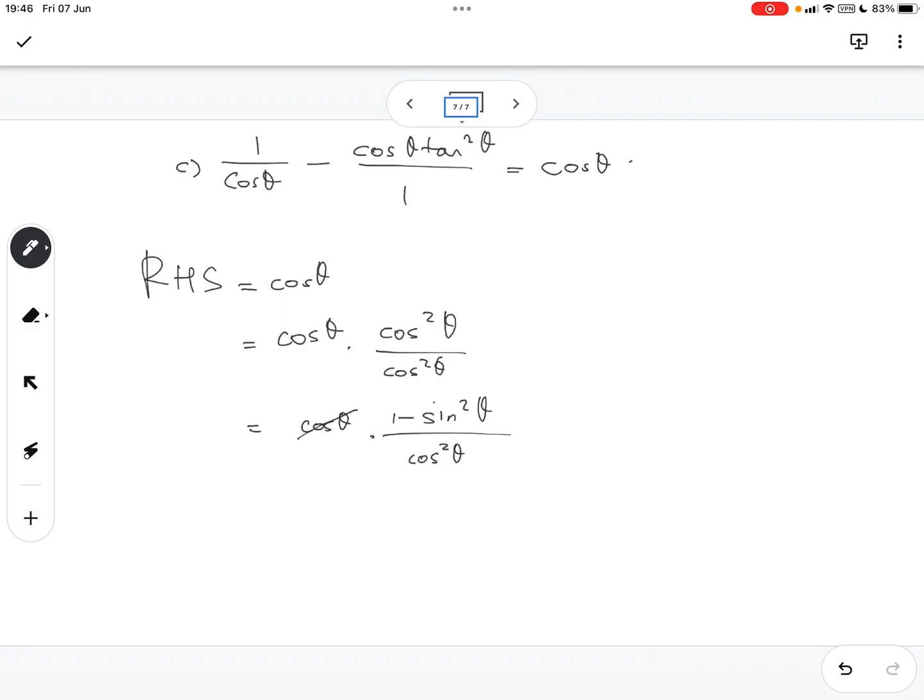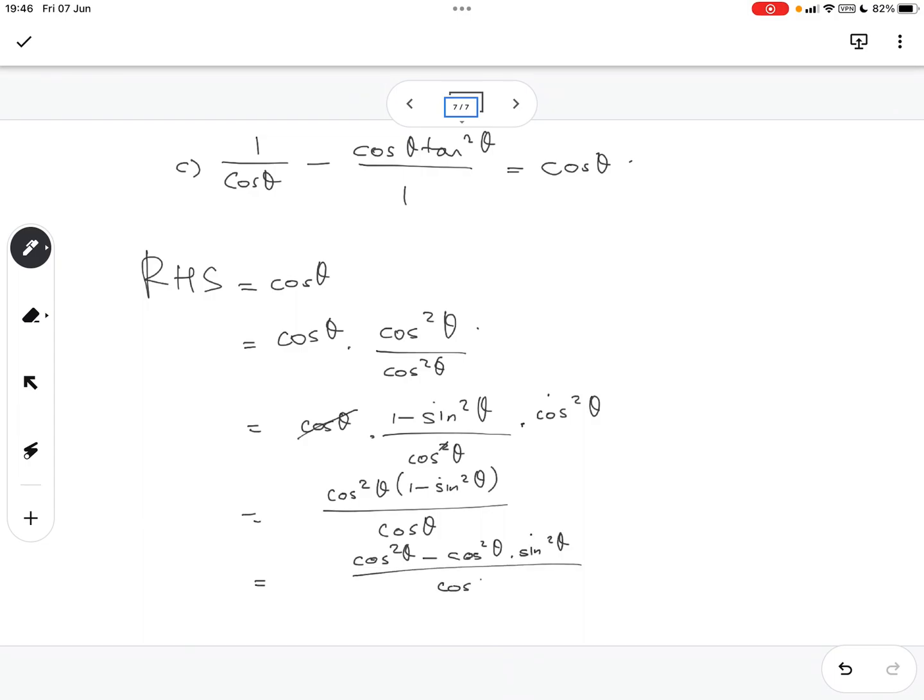I'll just do the obvious. And this gives me 1 minus sine squared theta over cos squared theta times cos theta. This will divide that, and I still have a cos squared theta there. And then I'm left with cos squared theta into 1 minus sine squared theta over cos of theta.